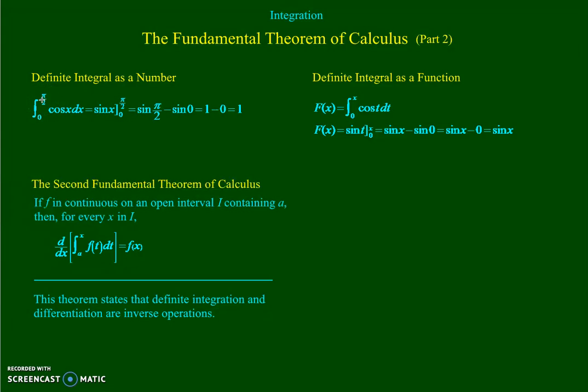It would be much more convenient if we could set a variable for our upper limit of integration, and then we'd only have to evaluate the antiderivative at those different values. So we'd take the antiderivative once and then evaluate at those different values. Well, that's in fact what we can do.